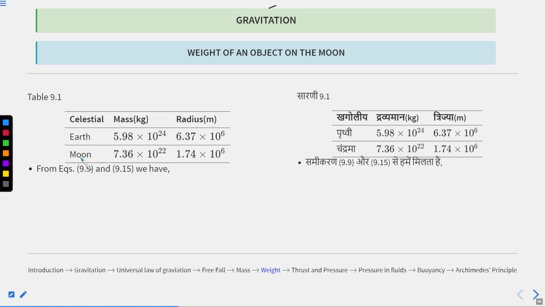The mass of the moon is approximately 7.4 into 10 raised to the power 22 kg, and the radius is approximately 1.7 into 10 raised to the power 6 meters. Now we are going to put these values in the formulas of Wm and We, and we will try to find out the force exerted on any object due to the moon and due to the earth.